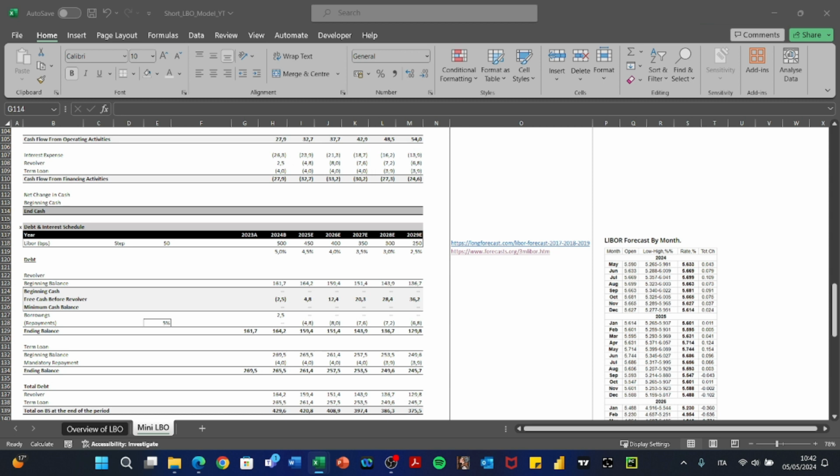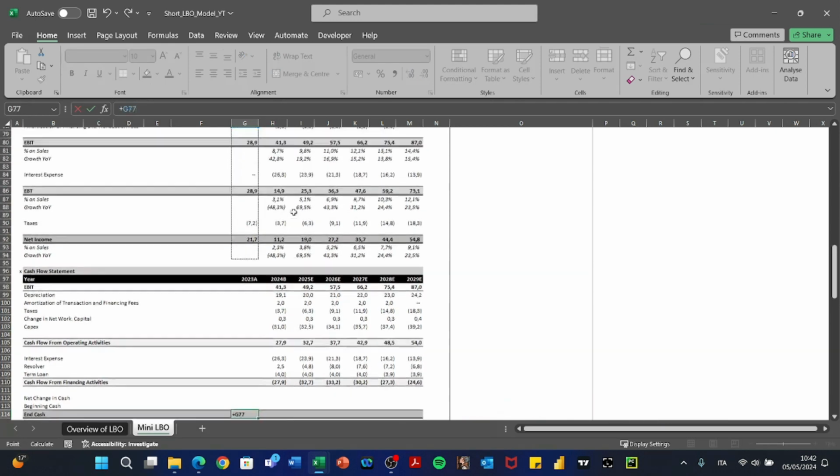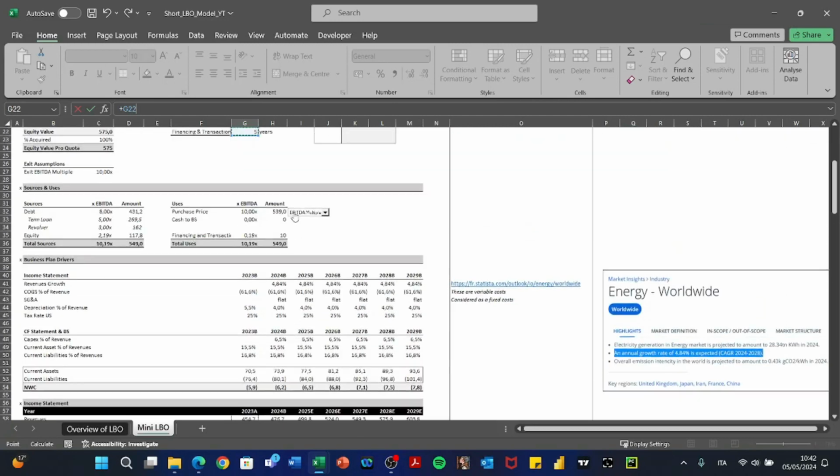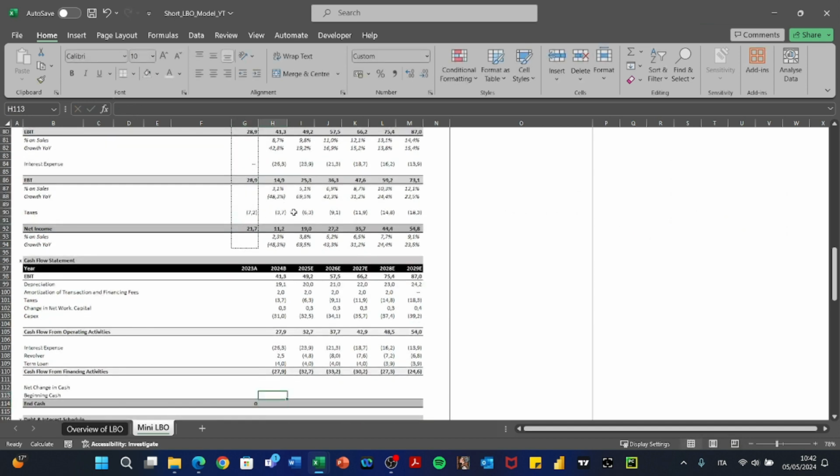Then about the beginning cash balance. So let's link it to our assumption tab from the transaction LBO, which gives the beginning of 0.